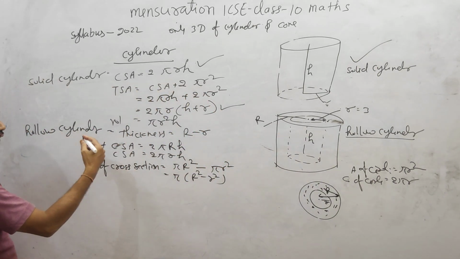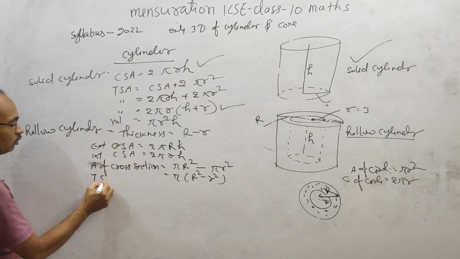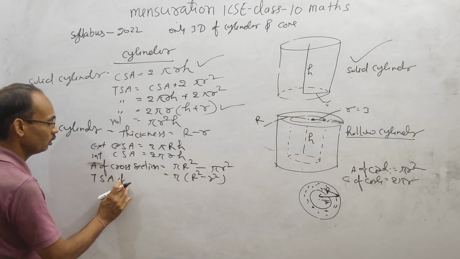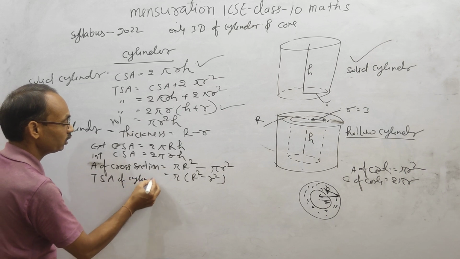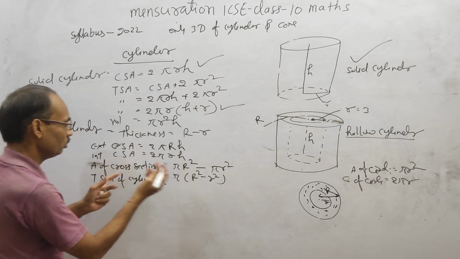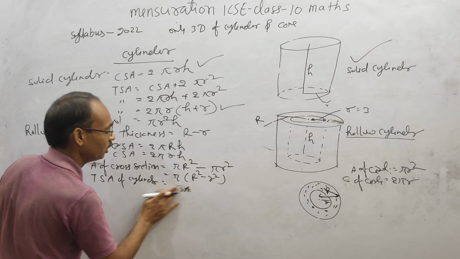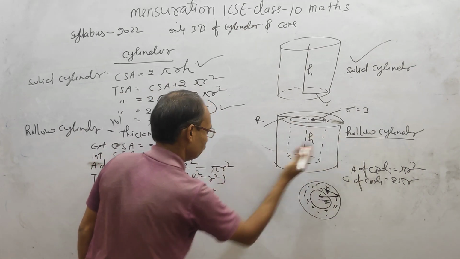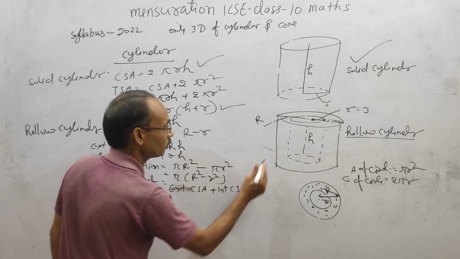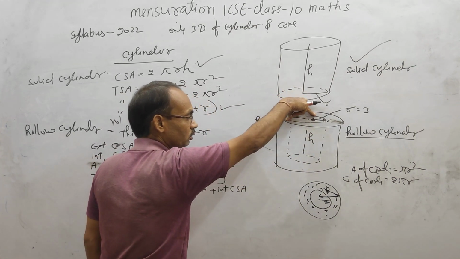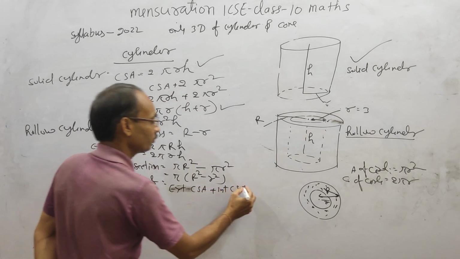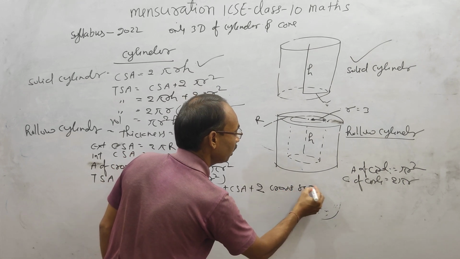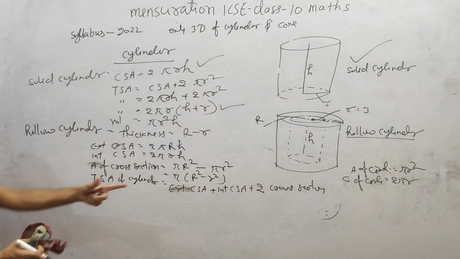And if you discuss the total surface area of a hollow cylinder, then you should know the external curved surface area, the internal curved surface area, and the two cross sections, top and bottom.